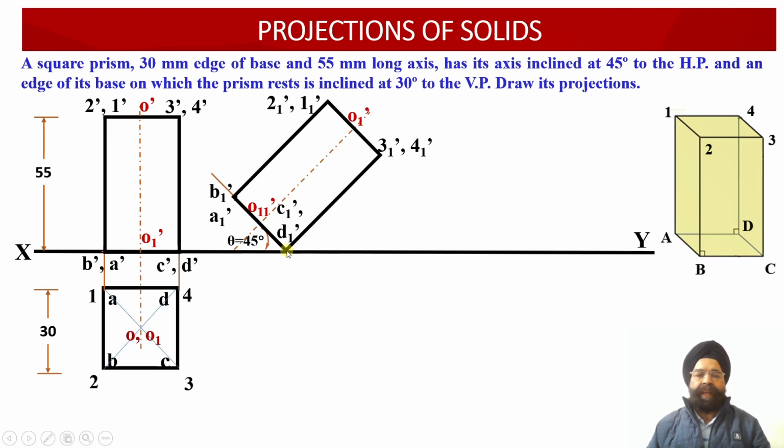So here we can check C1 dash D1 dash is the edge which is resting on the ground over here. Now, having obtained the front view projections of this inclined square prism, we are required to draw the corresponding top view projections of this inclined prism. So how will the corresponding top view projections be obtained? Now, how many points do we have?